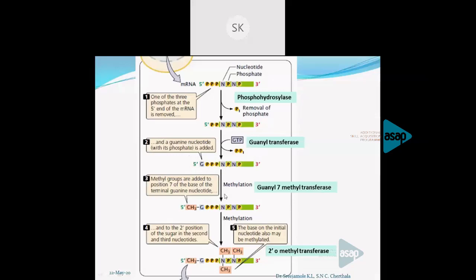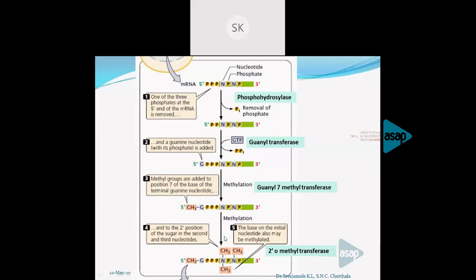In the next step, methylation of the guanine takes place, catalyzed by the enzyme guanyl 7-methyl transferase, in which the methyl group is added onto the 7th position of the guanine base.